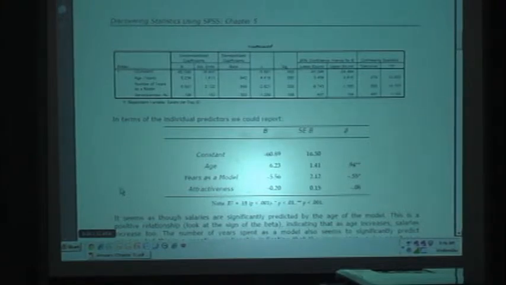It would be y equals negative 16.89 as a constant, plus 6.234 times x sub 1, which is age.